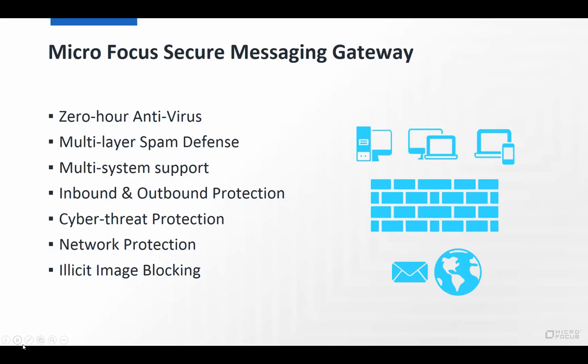We can detect inbound versus outbound traffic. Cyber threat protection, different network protection, so based on IP address level scanning, and then we also have the illicit image blocking functionality within the Secure Messaging Gateway product.